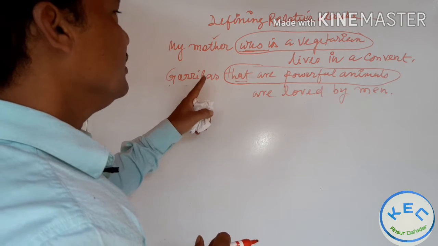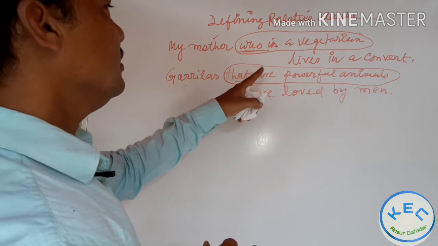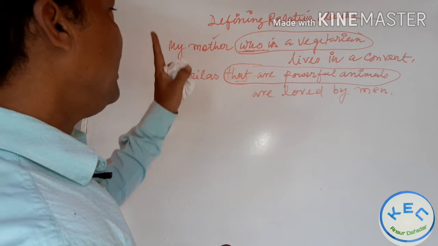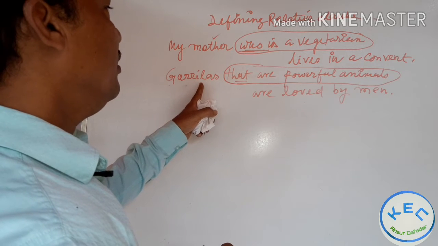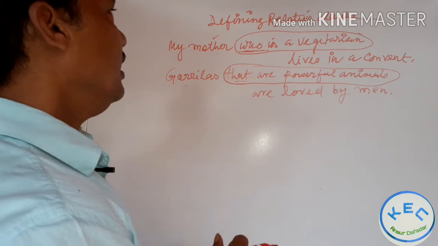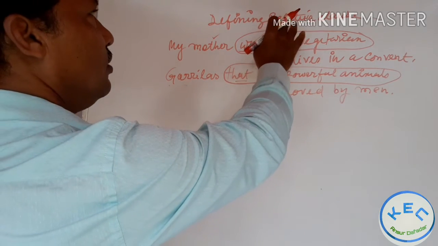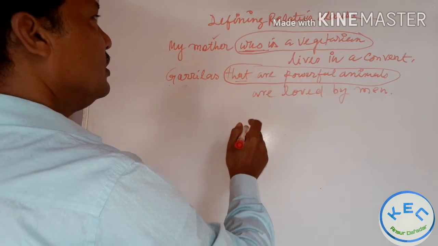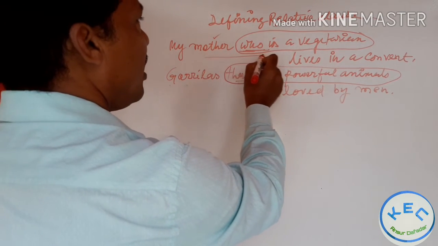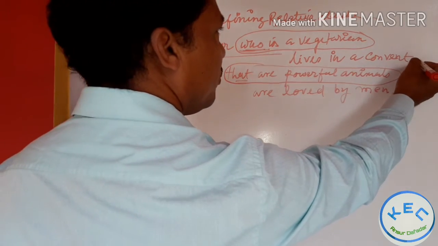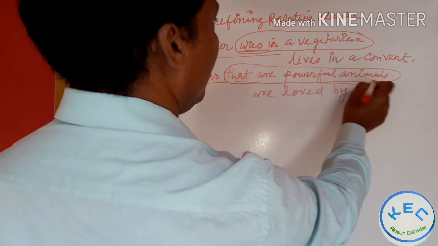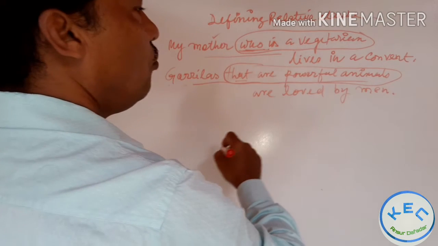So this part is not restricted, not defining the gorilla, but it gives only a special characteristics of gorillas. And in defining relative clauses, we don't find any punctuation mark other than this full stop.